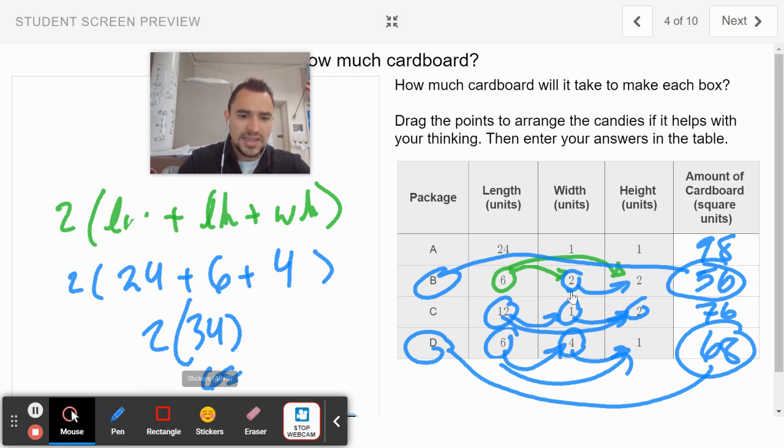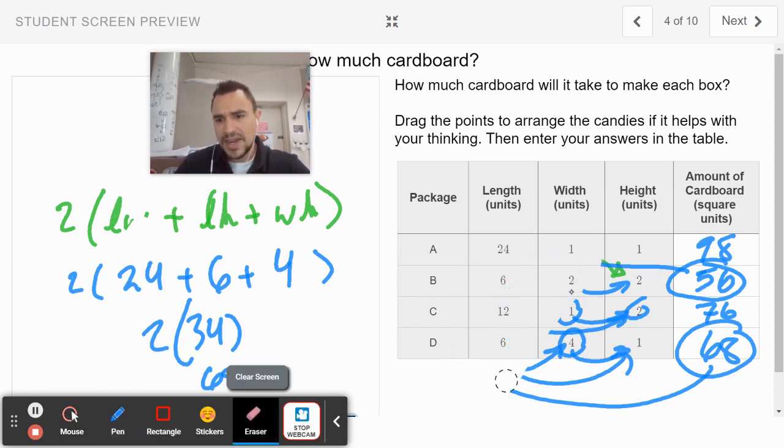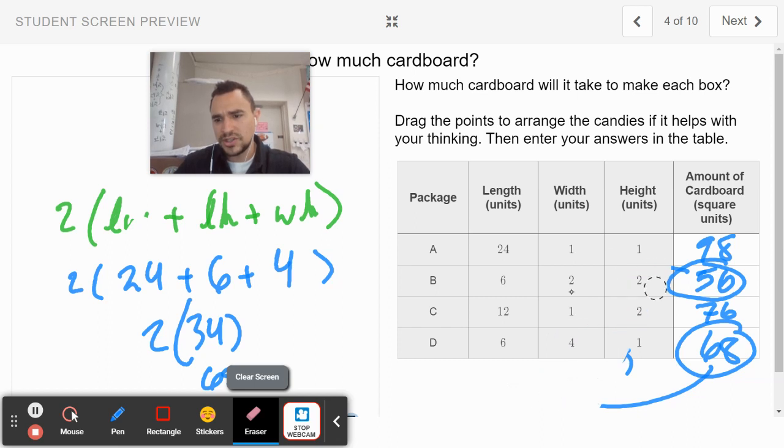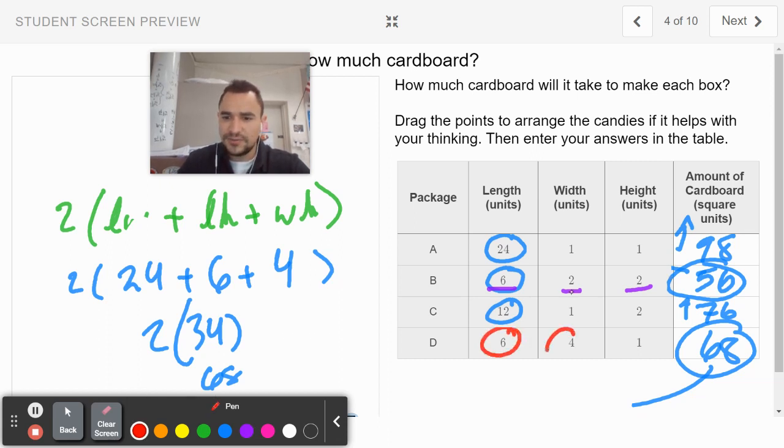So if I were to make an estimated guess on how I would want to do this, I would just want to make sure that if I have big numbers here, that's going to cause this to go up, right? If we have big numbers, but if they are kind of evenly distributed, so 6, 2, 2 instead of, for example, 6 and 4, so the 4 is higher than everything else, right?